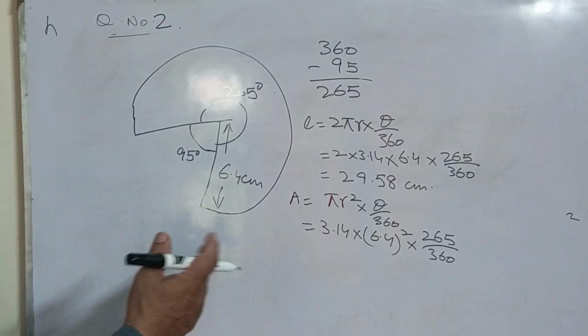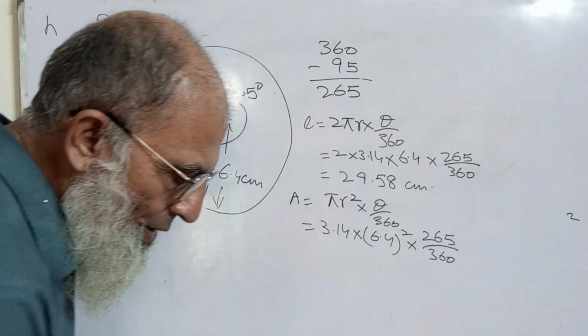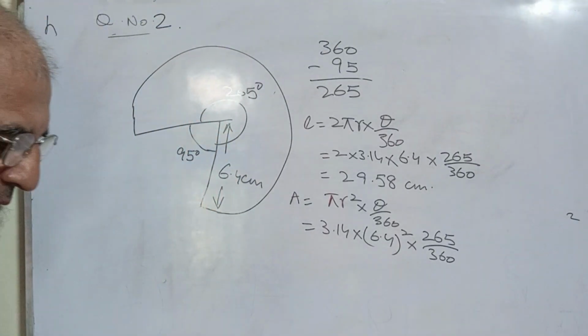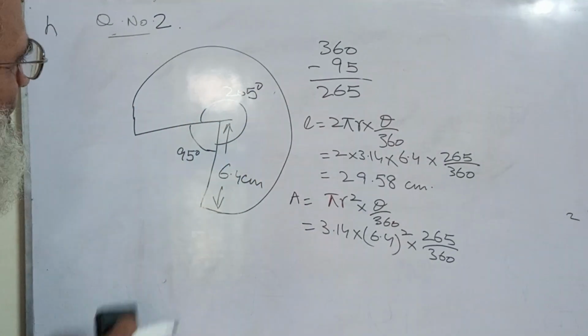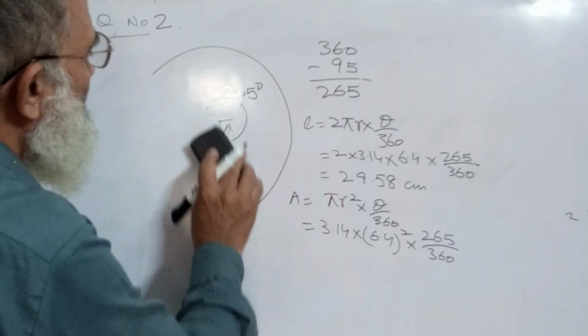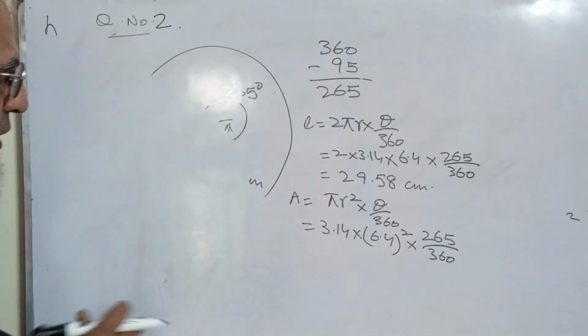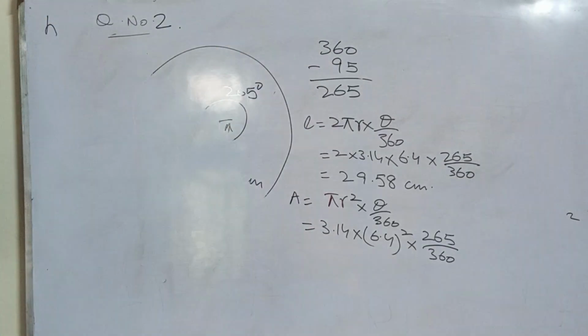So when you calculate this, you will get the answer. Same is the case with part D. Okay, let's just discuss only. I'm going to discuss only, I'm not going to calculate, because the whole format is the same.